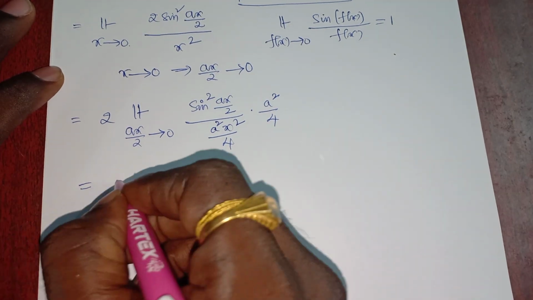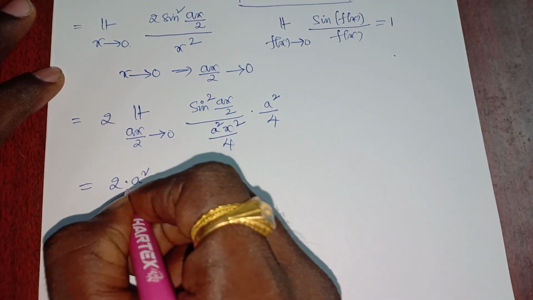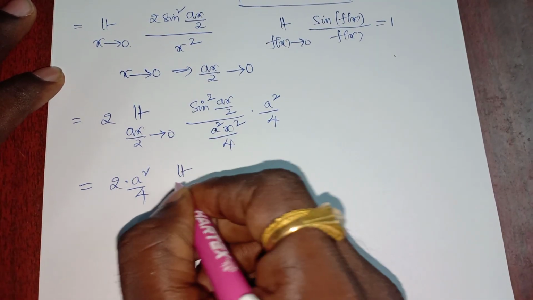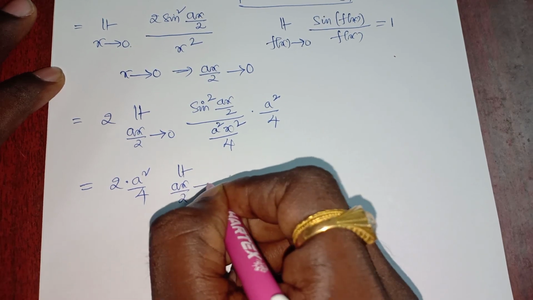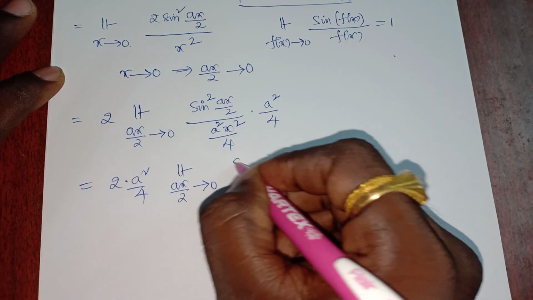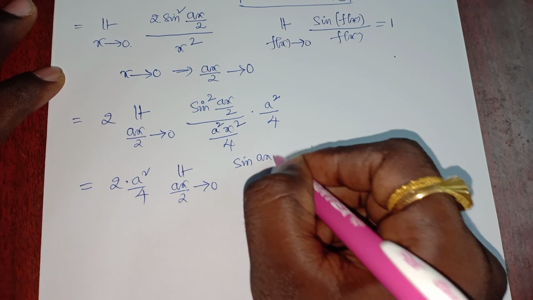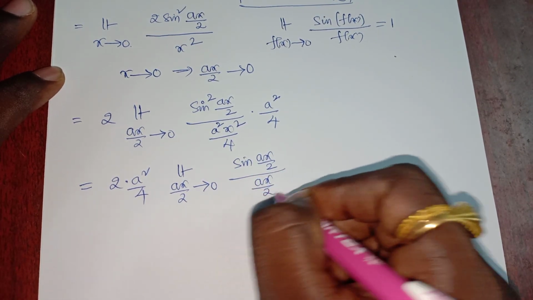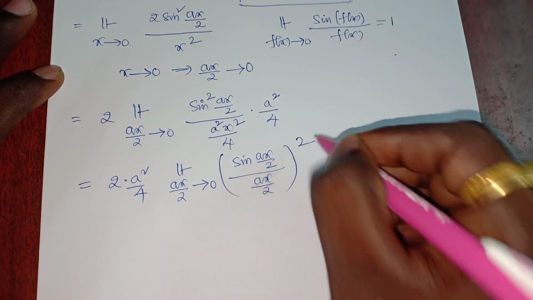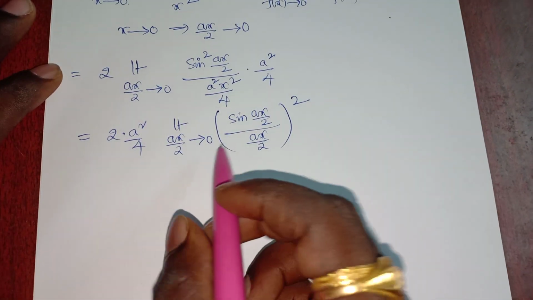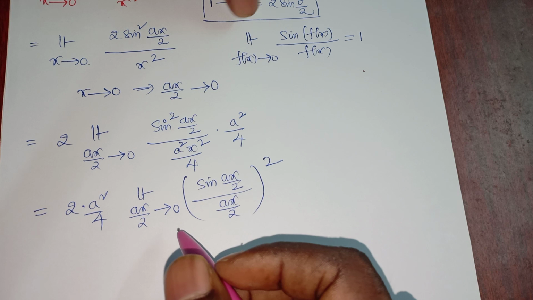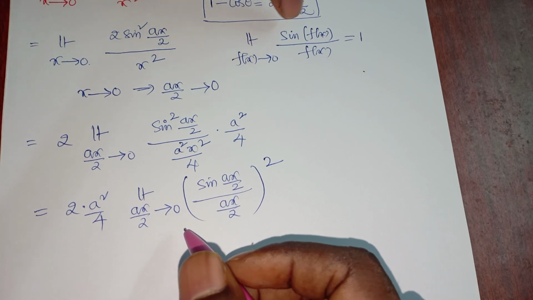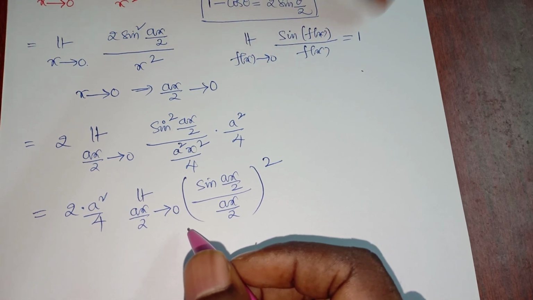Now see, 2 into a square by 4, limit ax by 2 tends to 0. It can be rewritten as sin ax by 2 by ax by 2 whole square. Then finally, we already know that limit f of x tends to 0, sin of f of x by f of x is what? 1.